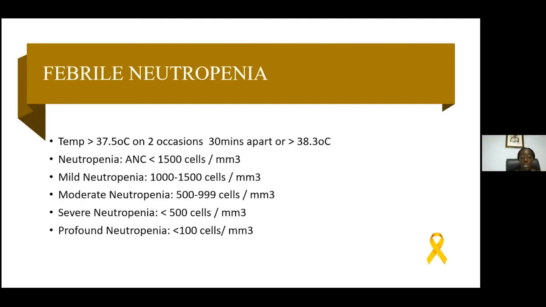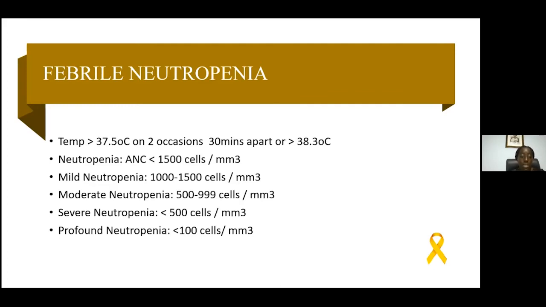So in such a case, you want to do a septic screen for this child. Your full blood count will show that the child has neutropenia, and that is graded. Usually mild neutropenia is 1,000 to 1,500. Less than 1,000 to 500 is moderate. And severe neutropenia is less than 500.